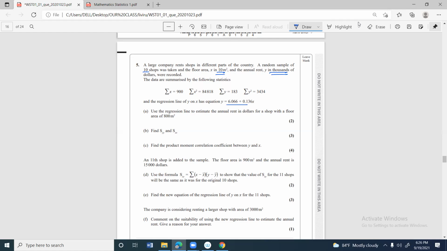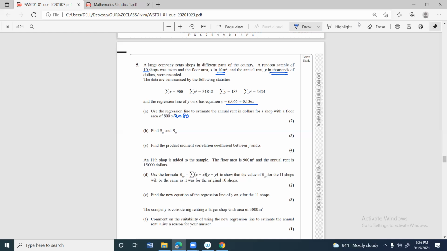So keep this literally. Use the regression line to estimate the annual rent in dollars for a shop with a floor area of 800. Over here, x is given in units of 10 square meters. So 800 square meters means in the units of 10, x should be 80.